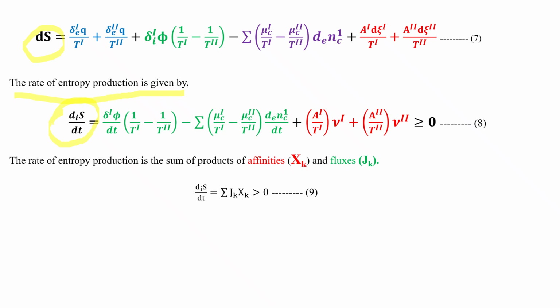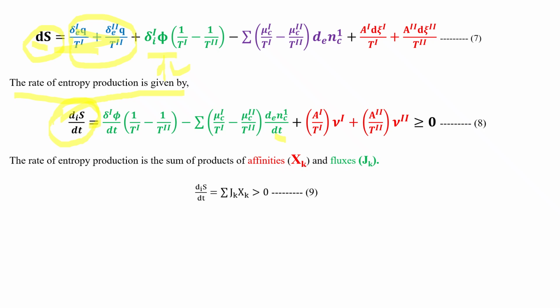So you are omitting the first two terms, which include the exchange of heat with the surroundings, so they can be omitted. The remaining terms are used as such. When you are writing dS by dt, in the denominator we are adding dt, that's all. So here also we are adding dt.